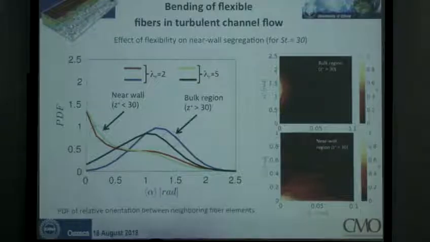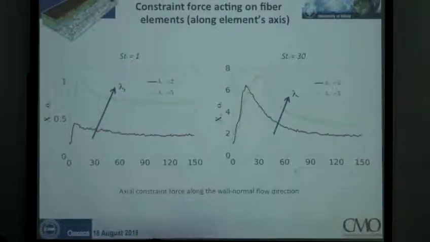Now here you can correlate these 2 PDFs with the local mean shear, which is perceived by the fibers, which is kind of small for fibers in the bulk region and higher for fibers in the near wall region. Now this is of course related to the effect of the surrounding fluid on each fiber element.